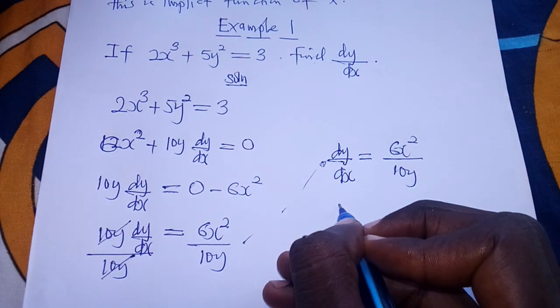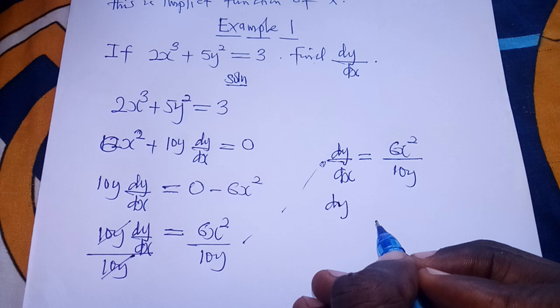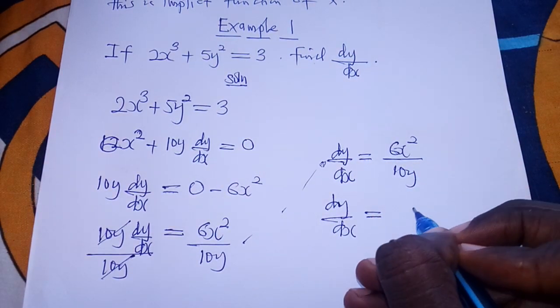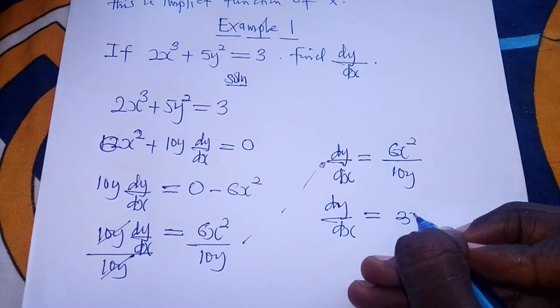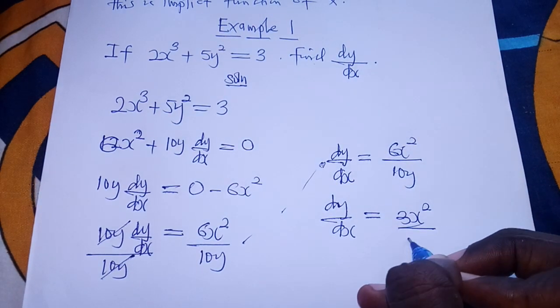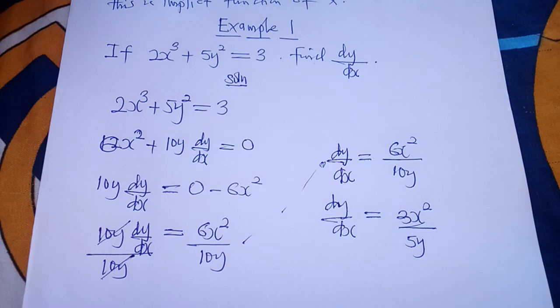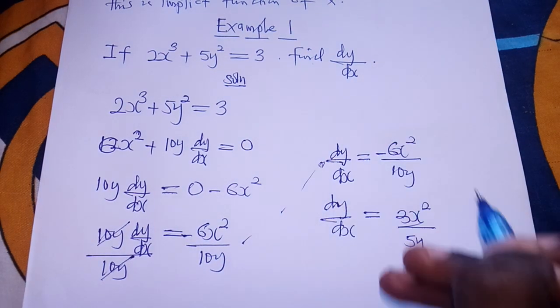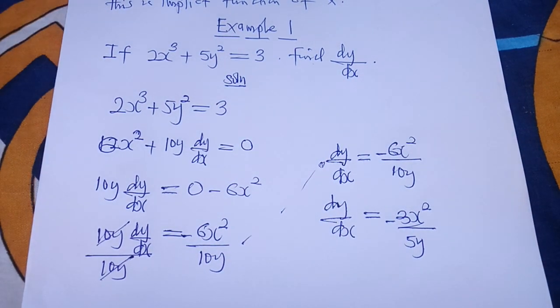Then we say our dy upon dx automatically becomes minus 3x square divided by 5y. This is negative. So this is what we have to find.